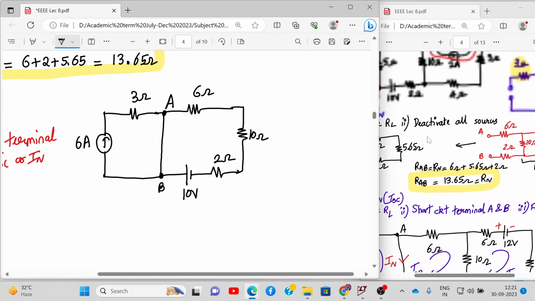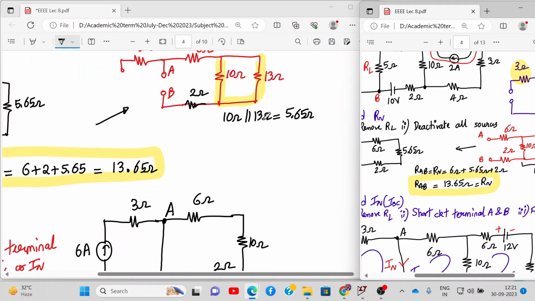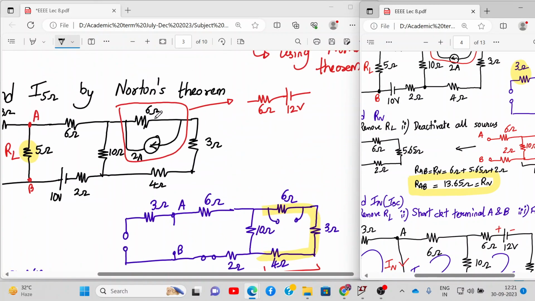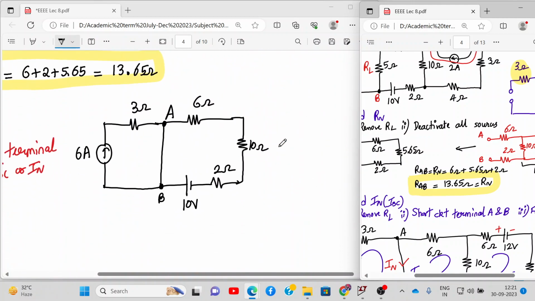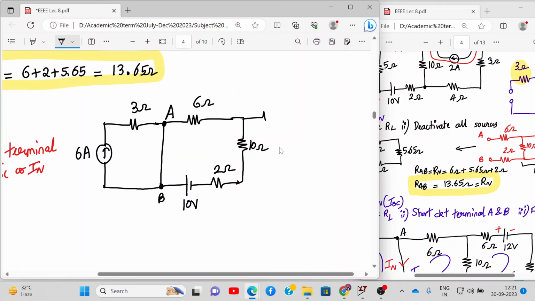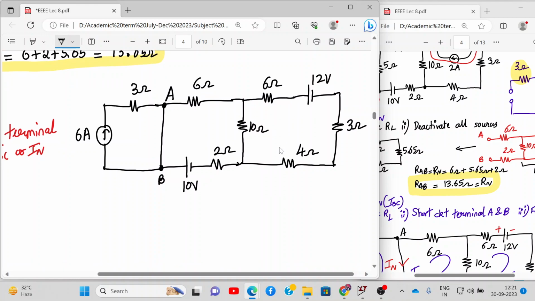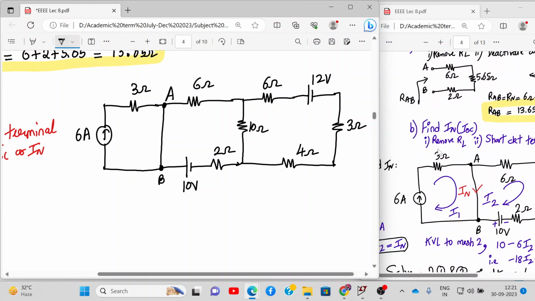Now remember, over here this 6 ohms will be replaced by 6 ohms and 12 volt voltage source. And then we have 3 ohms resistance and then 4 ohm resistance. So it's simply a matter of applying simple KVL, and we'll find the value of the current.